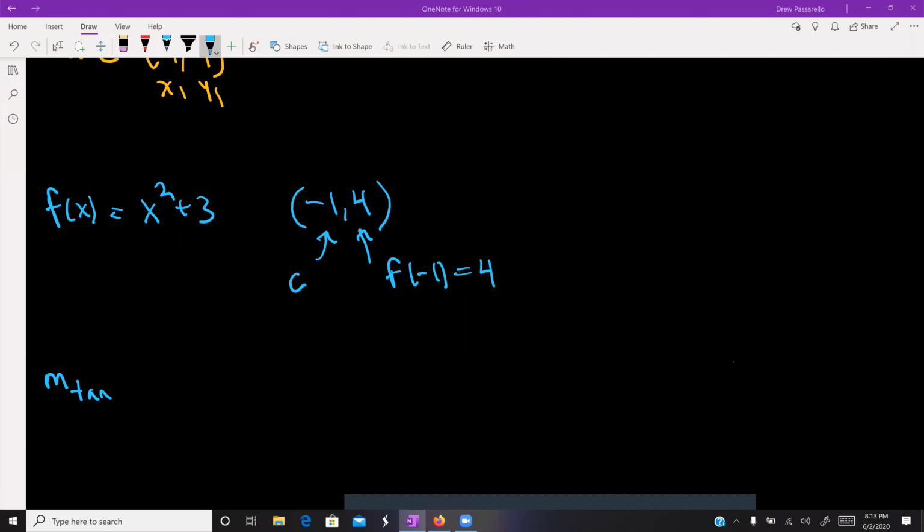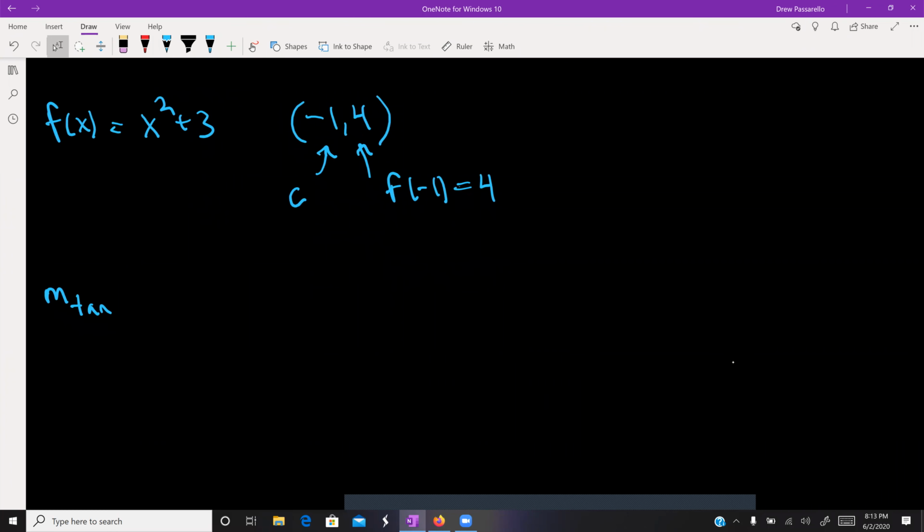All right, so resuming where I left off. We have C is -1, f of -1 is 4. So then finding the slope of the tangent line at first using the definition. I'm just writing the definition: f of C plus h minus f of C over h.